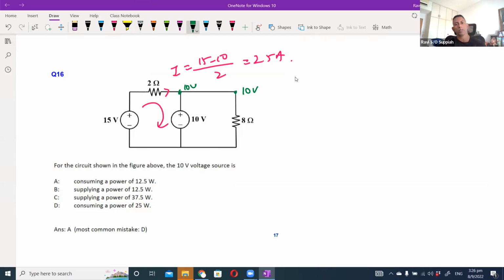Since the 10 volt across the 8 ohm resistor is fixed because it's parallel to the source, we know that this current is 10 by 8, which is 1.25 ampere. So 2.5 ampere is coming here, and 1.25 is going into the 8 ohm, so another 1.25 is coming here.